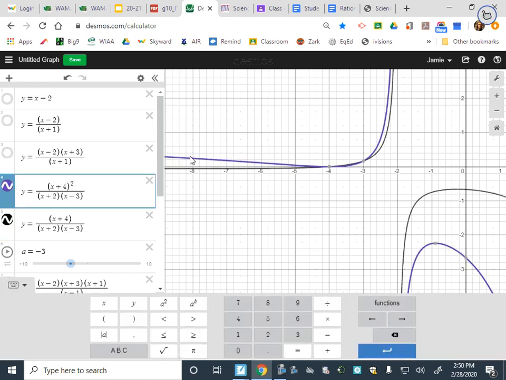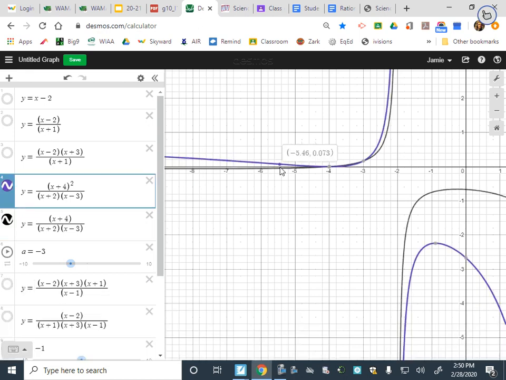But the purple graph, as it comes in, has positive values, hits the 0, and then continues on with positive values. Okay? So it touches, but it doesn't cross. Last semester we would have called this a 0 of multiplicity 2. So when the 0 has multiplicity 2, it kind of feels like one of those quadratics that's just been shifted over a little bit.